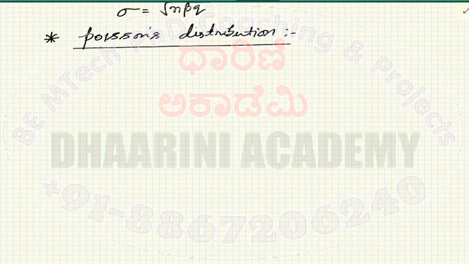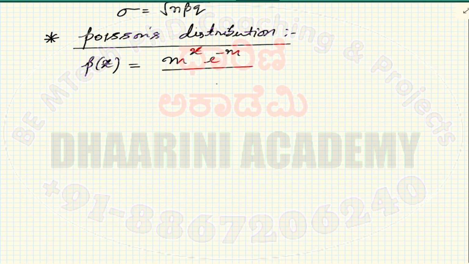Whenever the n in the binomial tends to infinity, this becomes a Poisson's. That's the basic difference. So p of x is equal to m to the power x, e to the minus m, whole divided by x factorial.